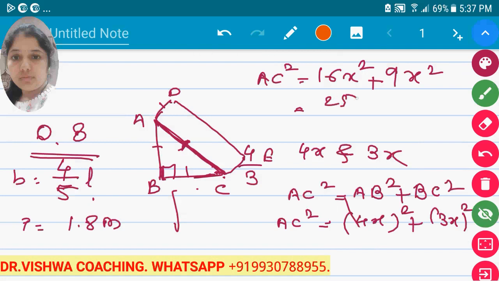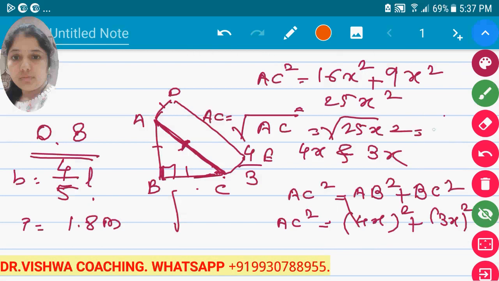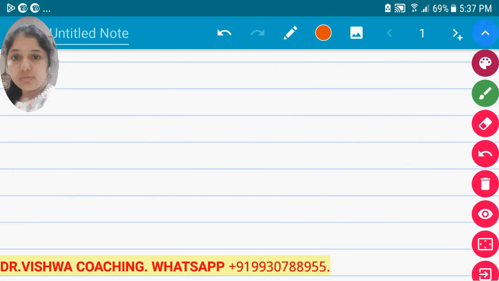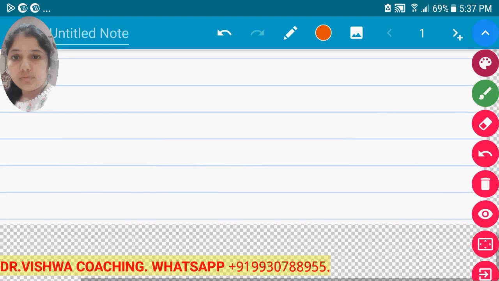So it becomes 25x square. So AC is equal to the square root of this, so the square root of 25x square. So AC is equal to 5x. Now I got the value for AC, which is 5x.